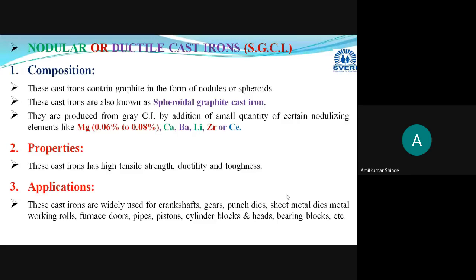Because if the sulfur or phosphorus amount is more, then the nodulizing elements we are adding will form another compound by reacting with the sulfur or phosphorus present in the cast iron. That's why its amount should be properly controlled, and it should be less than 0.03%. And after this nodular or ductile cast iron, the next type is the mottled cast iron.